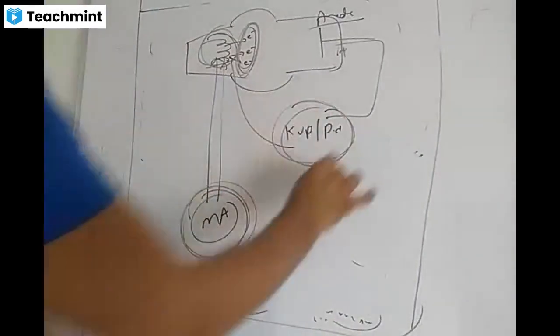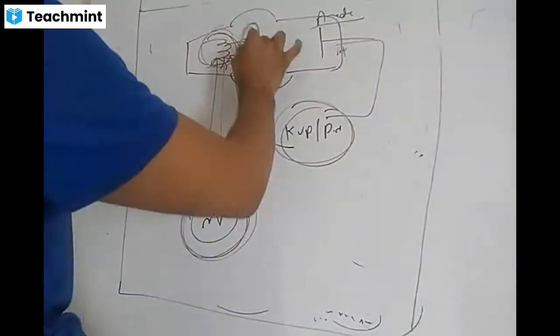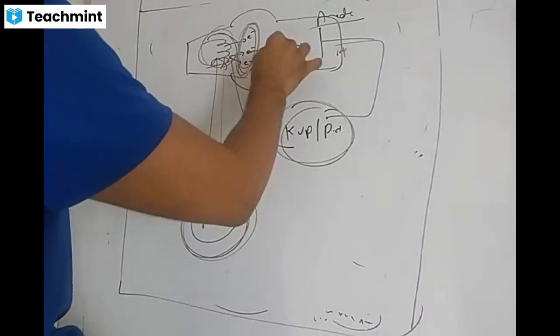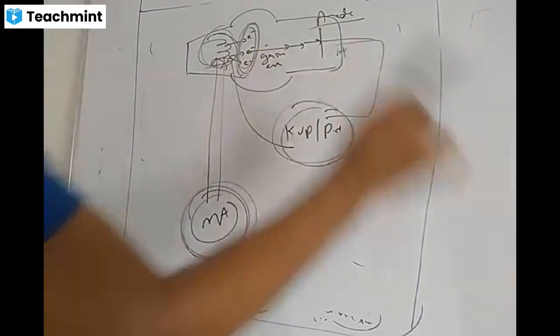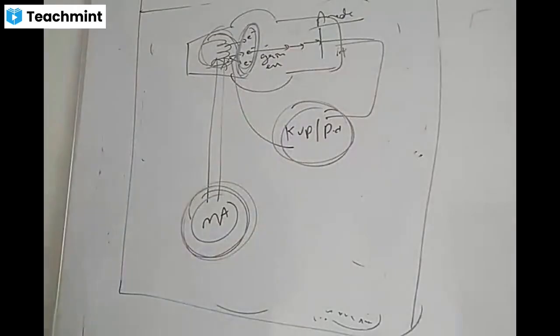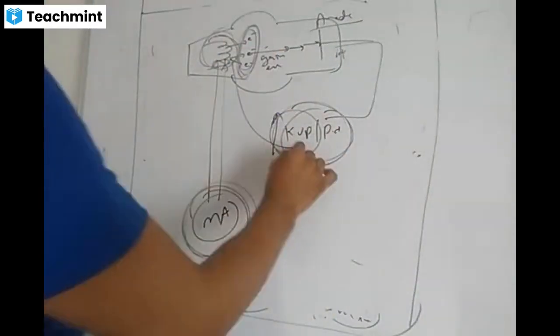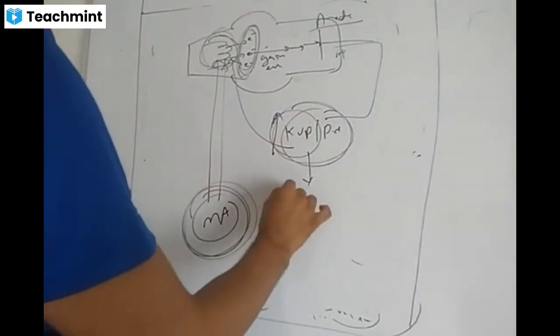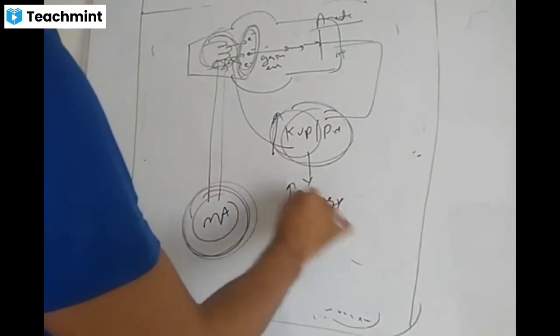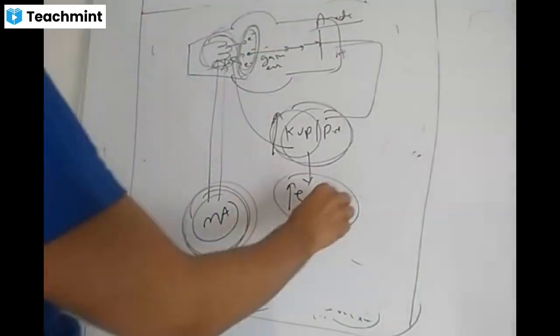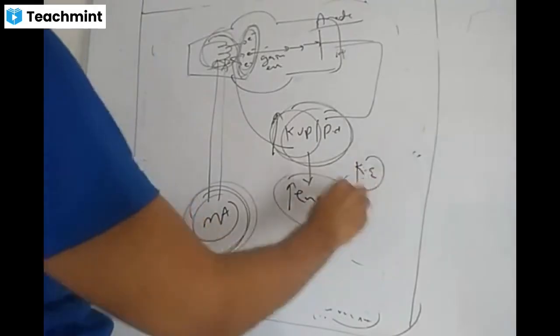This energy, this kVp, if you give it to the electrons, they will gain this energy and move toward the anode. The more the kVp, the more energy the electrons gain, because this energy is nothing but kinetic energy.